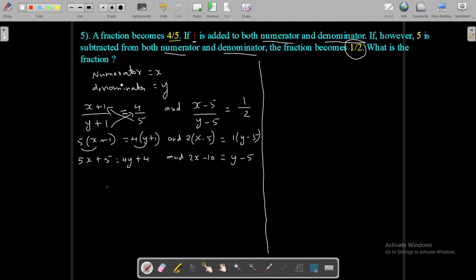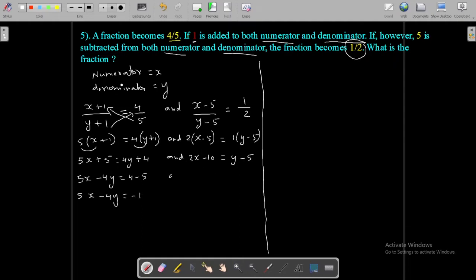So now if I simplify this equation, 5x minus 4y is equal to 4 minus 5. So I will get 5x minus 4y is equal to minus 1.